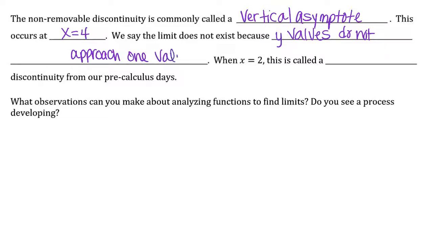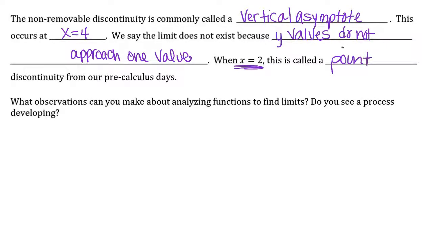It's because the value it's approaching is going toward infinity, which is not stopping. All right, so when x equals 2, which is where we were able to cancel out, and that gave us a hole in the graph, then that canceling part, that 2, is called a point of discontinuity.